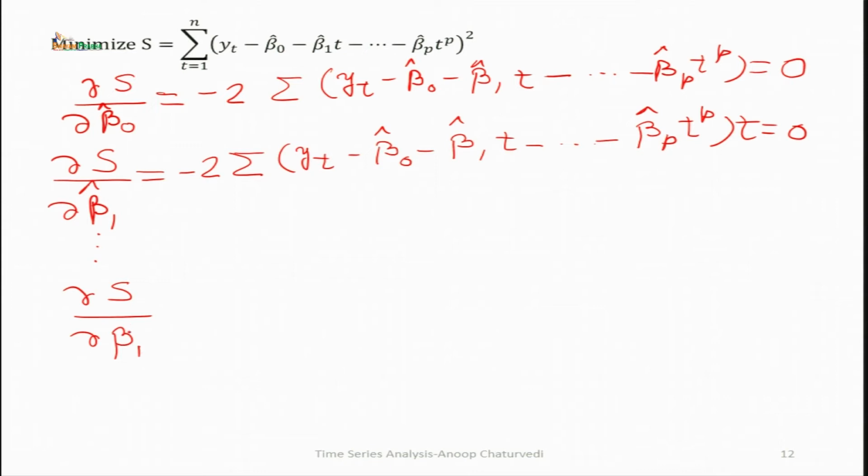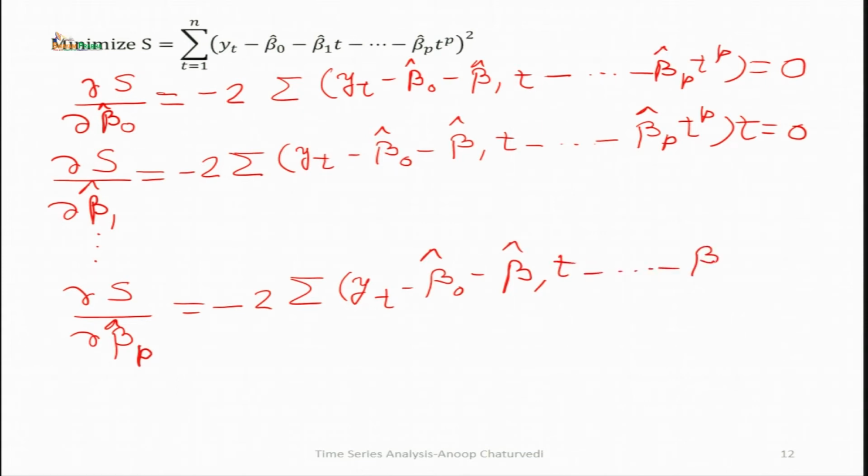At last we differentiate with respect to beta p hat. So, you get -2 times summation y t minus beta naught hat minus beta 1 hat t minus so on minus beta p hat t to the power p, and then when we differentiate inside you get t to the power p here, you put it equal to 0.